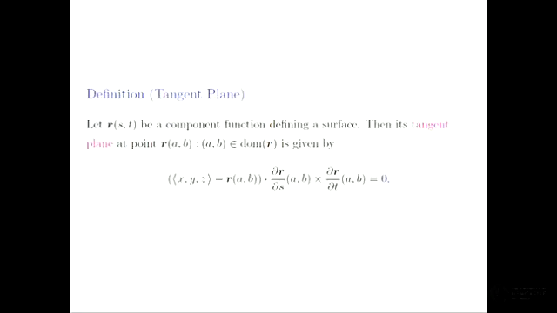As easy as it was to construct the tangent line. You just have to do two things. I give you a point by giving you two parameters s and t. Then the tangent plane at that point is just given by this equation. All we have to do is find the derivatives in two directions, specifically along the s direction and t direction, evaluate them at (a, b), take the cross product, and simply take the dot product with what remains.